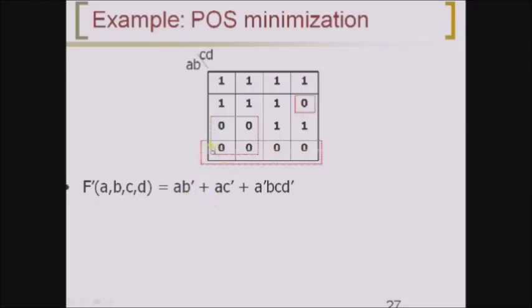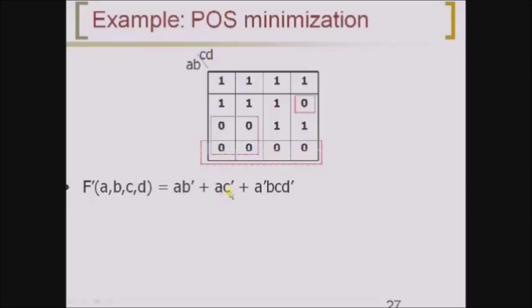If you consider this particular block, here the value of A is constant again, which is 1, and the value of B is varying. And here the value of C is constant, which is 0, whereas the value of D is varying.